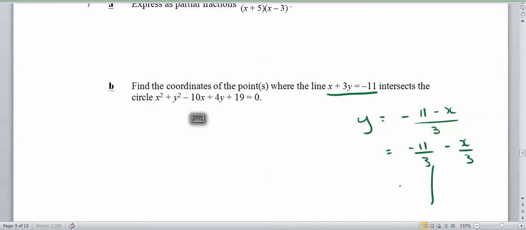So we're going to have a graph which, first of all, we need to know what that looks like. It's going to cross the axis at about minus 11 over 3, and it's going to have a negative gradient, sloping down like so.